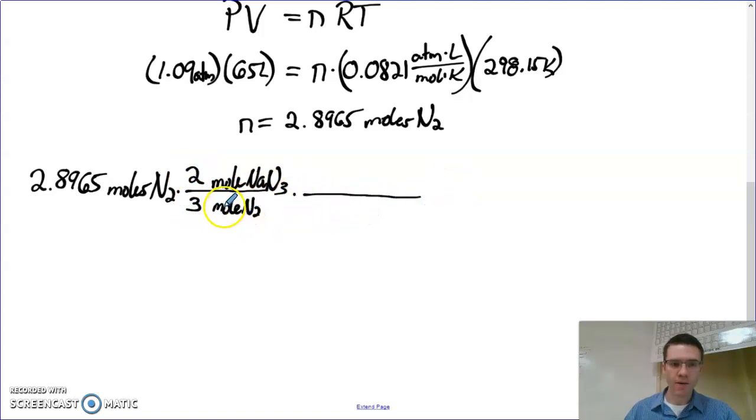And then I want to get out of moles of sodium azide. It asks me what's the mass, so I want to get to grams. 1 mole of sodium azide, if you add that up on the periodic table, it's 65.02.